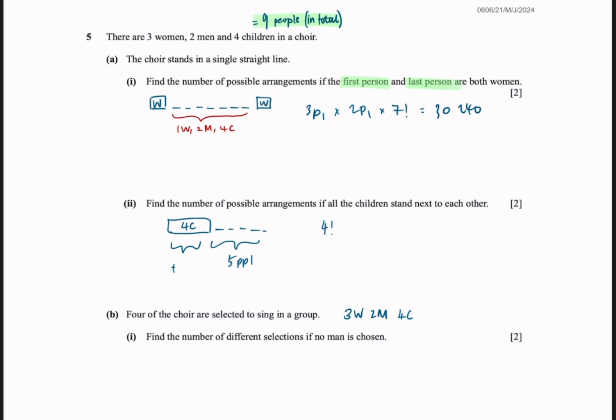So you're actually arranging these 6 blocks. That's why it's 6 factorial. So the answer would be 17280.